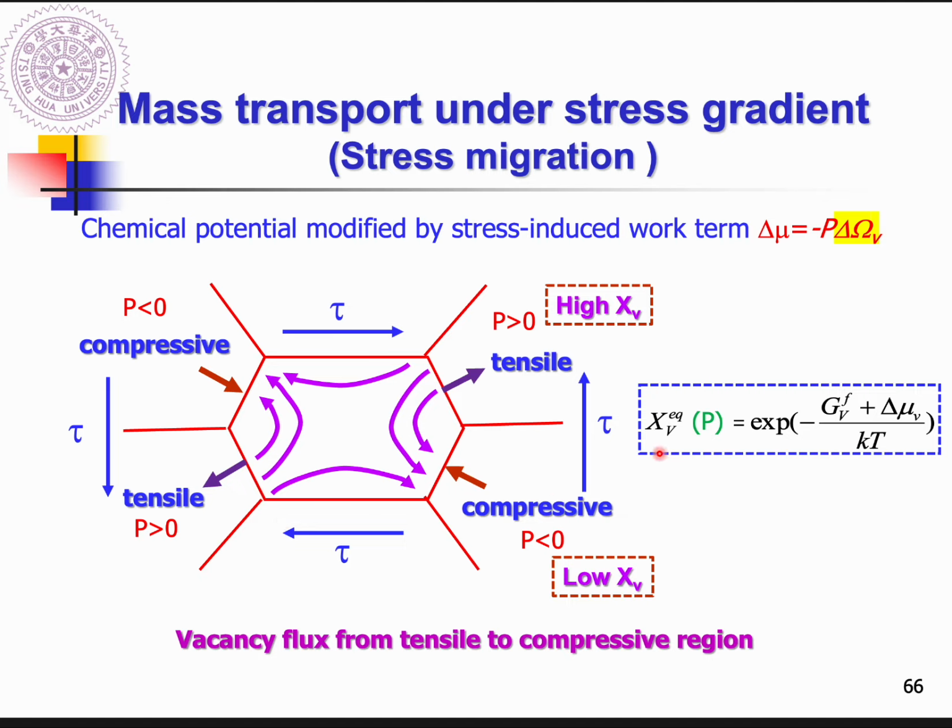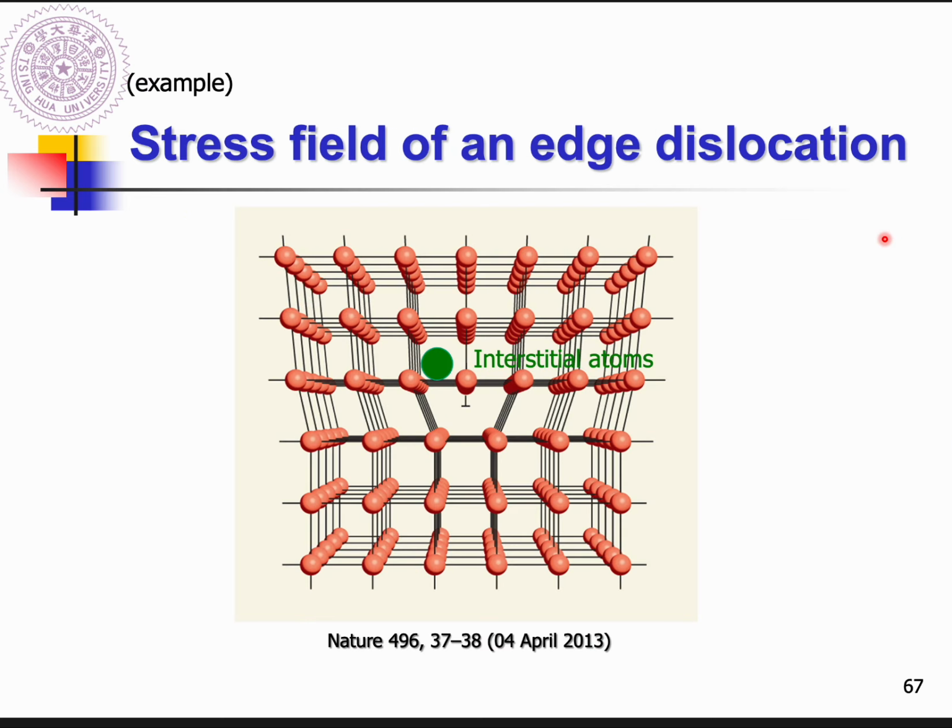And you can also remember when we wrote down the vacancy fraction as a function of stress, it can be expressed like this, with the vacancy formation energy, and because under stress, you need an extra term, the extra work performed due to this stress, so minus stress times omega V.